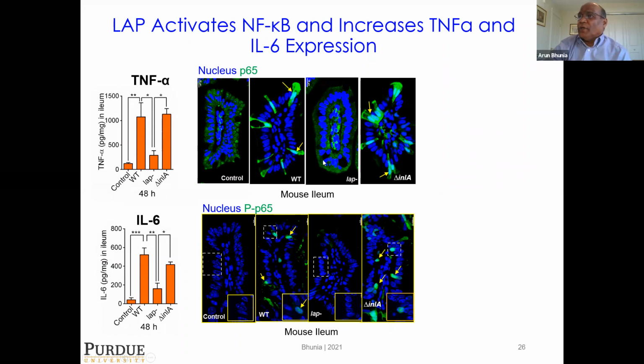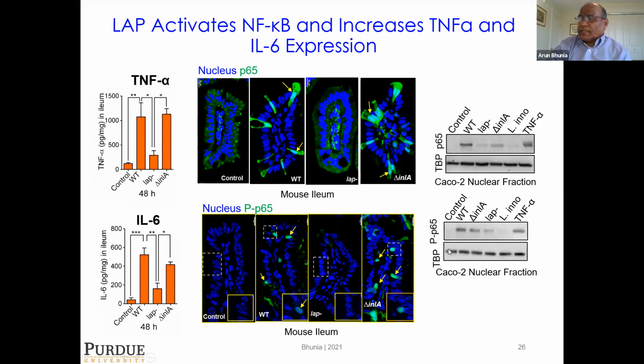Whereas in the lap mutant, you barely see any of those cells. Internalin A mutant behaves like wild type, as expected. We also looked at proteins like P65 as well as phosphorylated P65 in the nucleus. So you can clearly establish from the protein level that NF-kappa B is activated.